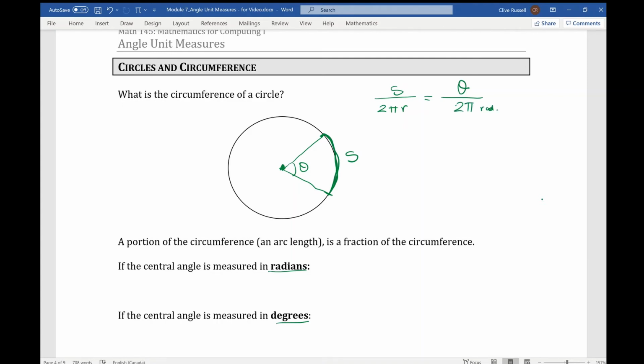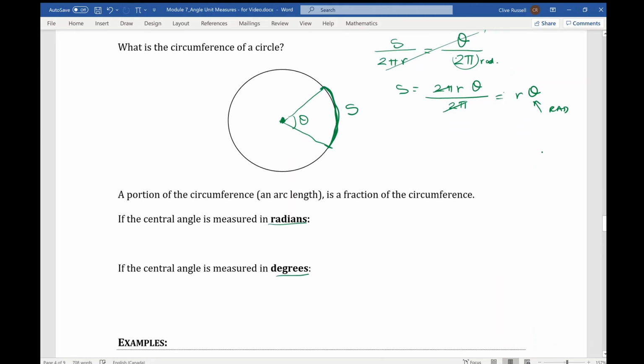radians, right? From this, we could say that S then is equal to the product of these two, which is 2 pi r theta. Then you divide by the 2 pi. The 2 pi goes, and you're left with just r times theta, where theta is in radians.